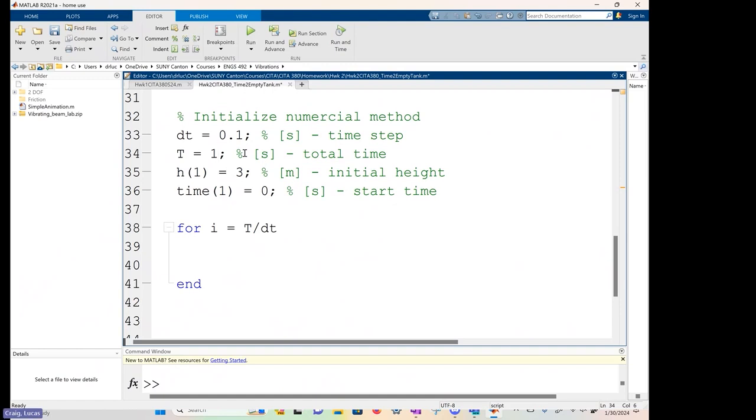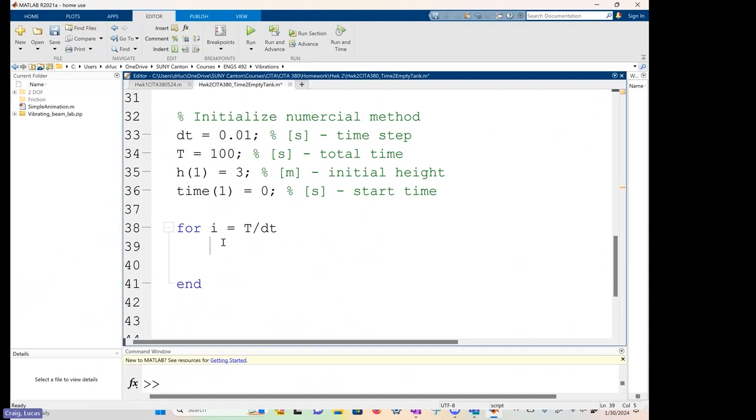The cool thing is you could just keep changing this, and the for loop keeps going larger and larger. The smaller your time step, the longer it's going to take to run the code, because you have a lot more data points.